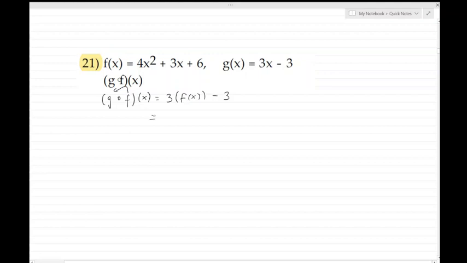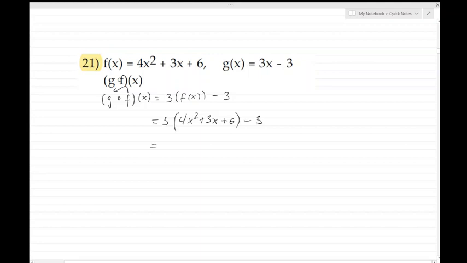Well, it just follows from there that I'm going to replace the function f with what it is. So 4x squared plus 3x plus 6, and then all of that minus 3. So at this point it's just simplification, really, right?